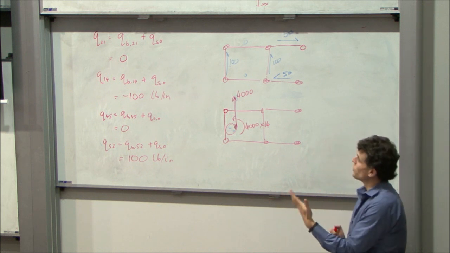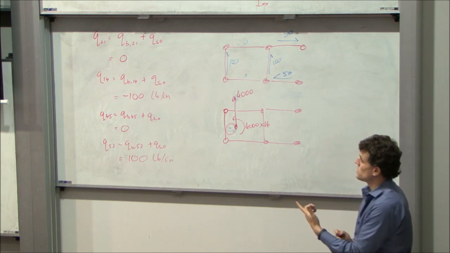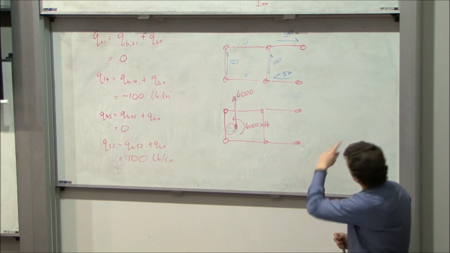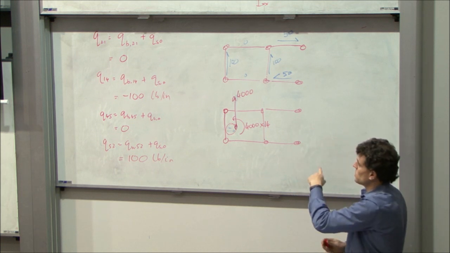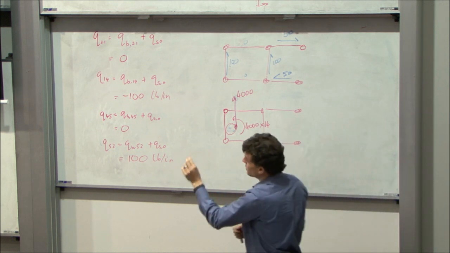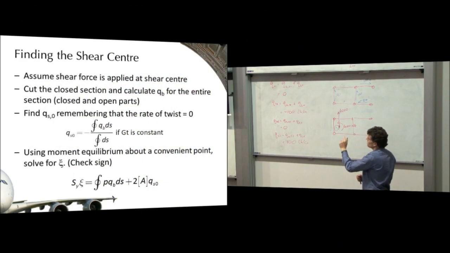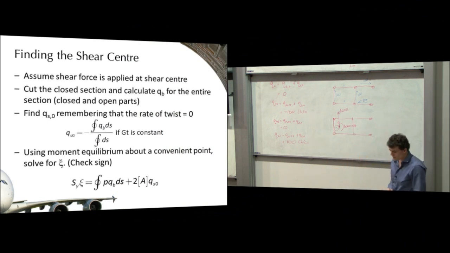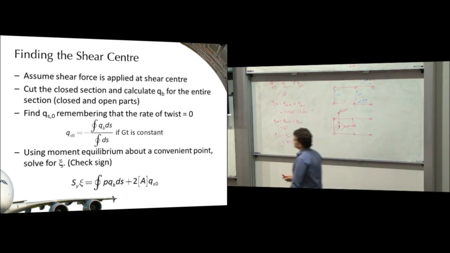First, we assume we've got an arbitrary shear force applied at the shear centre. We cut and calculate QB for the entire section like we just did. We find QS naught for that particular problem using the equation we did here, and then we can solve for moment equilibrium about a given point to work out where the shear centre is.